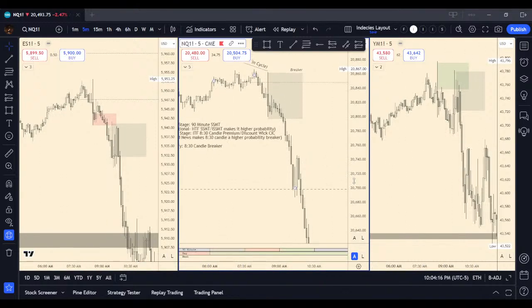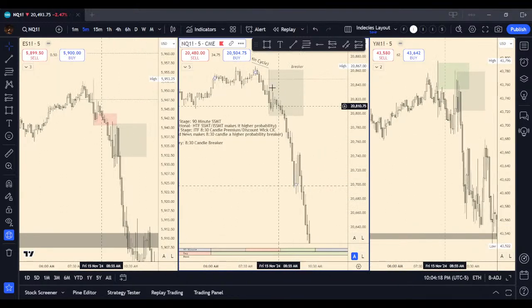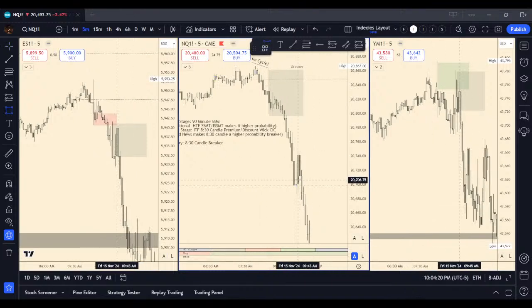So if you're trading NQ, what you can do is take the candle that traded into the imbalances. And when I mean imbalances, I'm talking about the wicks. I just call them imbalances because that's what correlative theory students refer to the wicks as. They're gaps, you know. But when you see this cracking correlation with the gaps, you just take that same candle and then you use that one for your breaker.